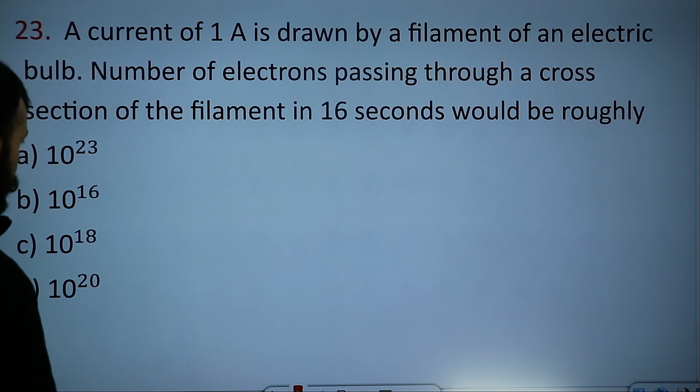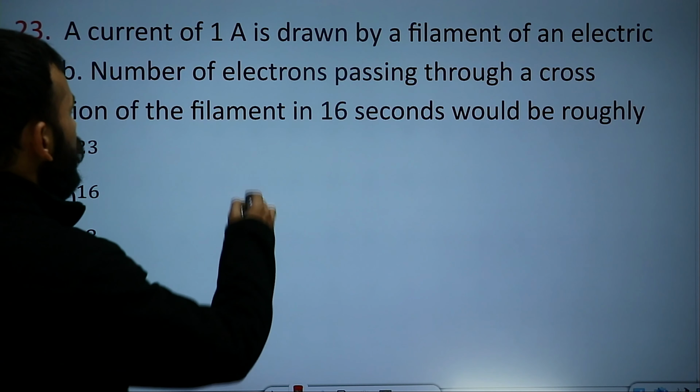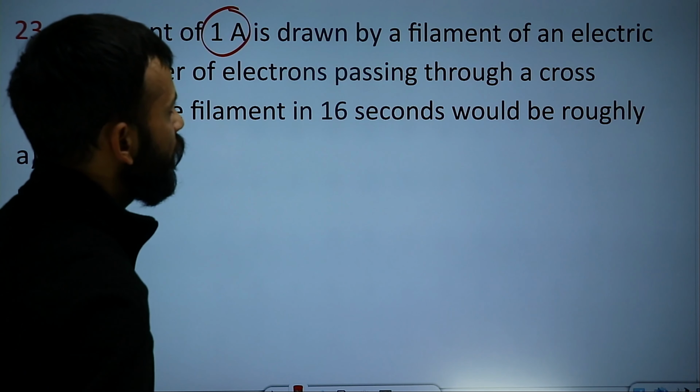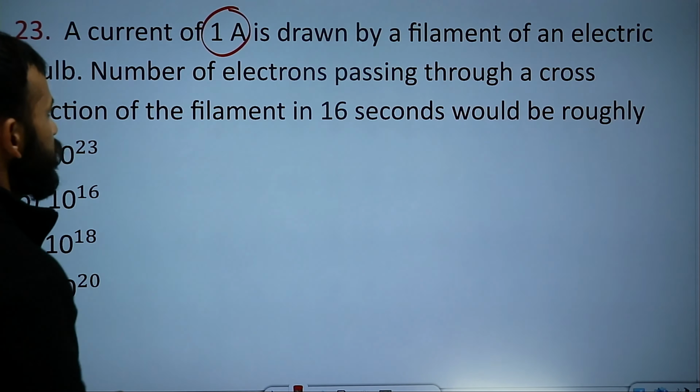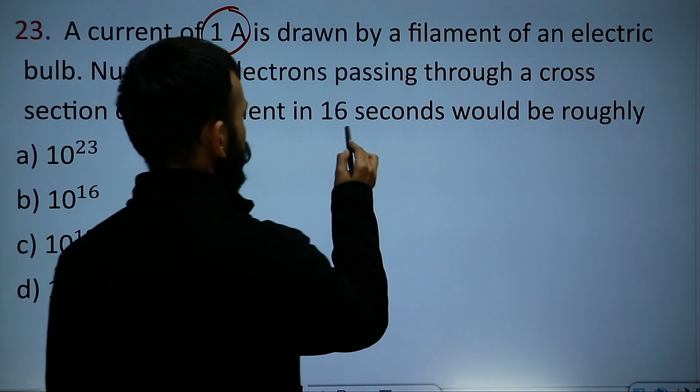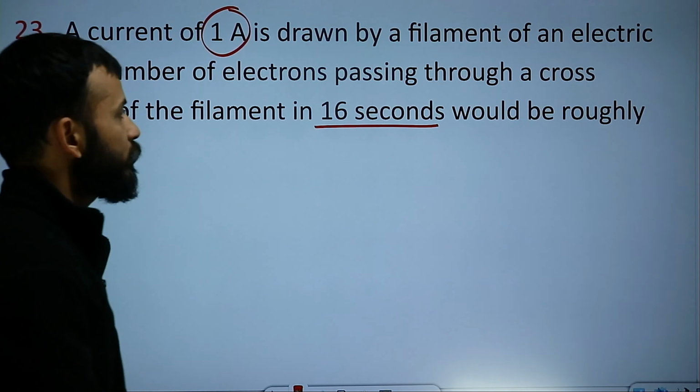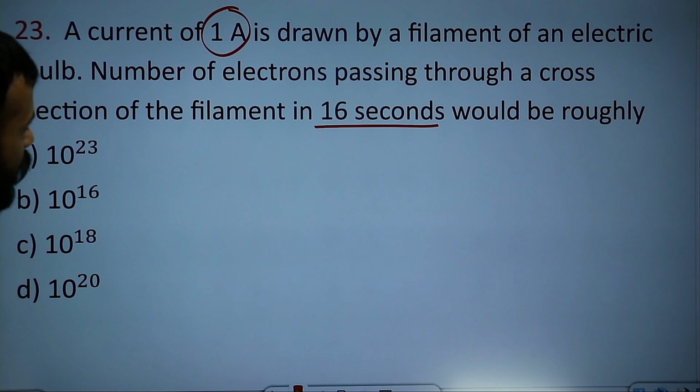Next, a current of 1 ampere is drawn by a filament of an electrical bulb. We have to find the number of electrons passing through a section of the filament in 16 seconds, roughly.